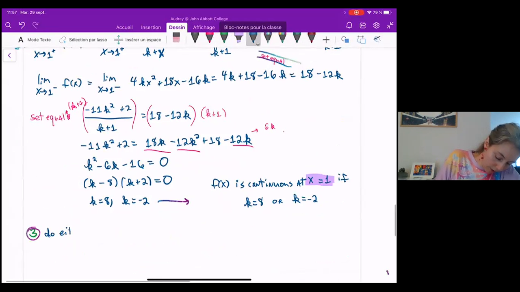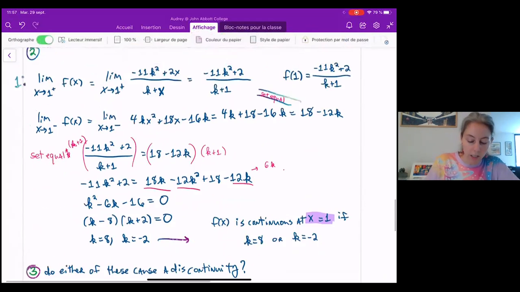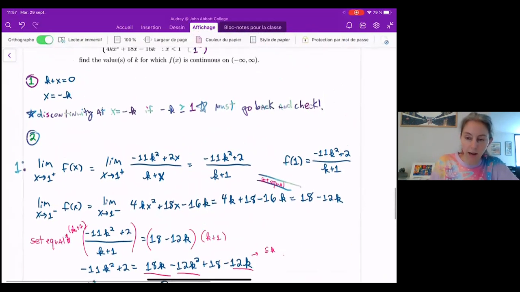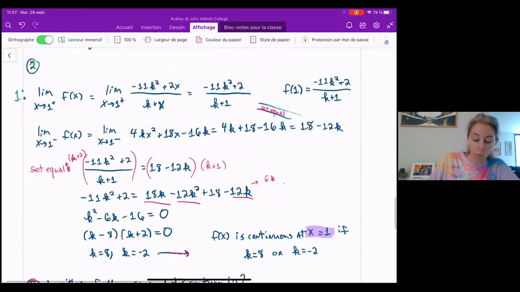And honestly, a lot of people get really confused about this step, so we're going to do our best to understand it. We said there is a discontinuity at x equals negative k if negative k is greater than 1.